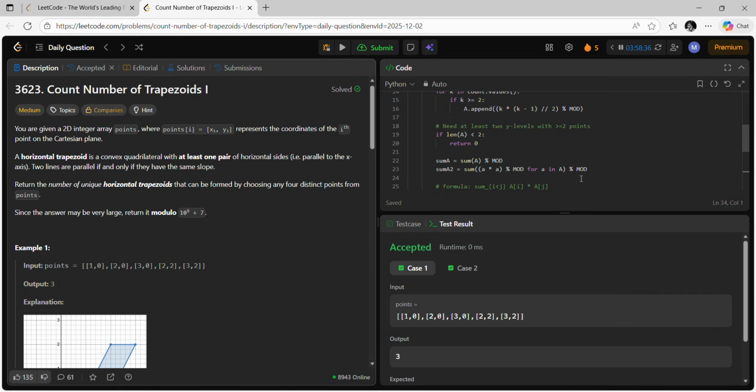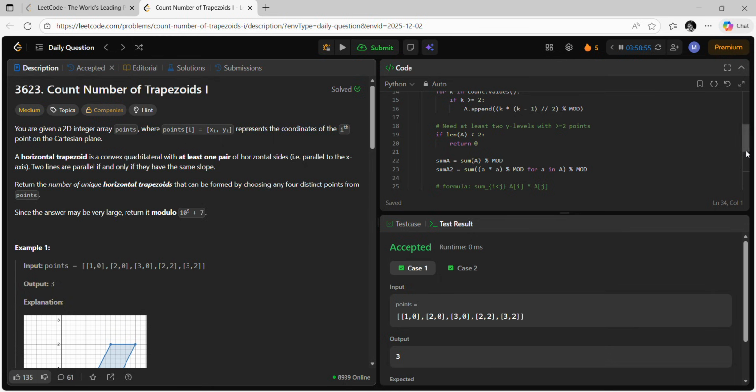Here we compute two things. First, sum_a is the sum of all C(k, 2). Second, sum_a2 is the sum of the square of each. This is needed to compute pairwise multiplication efficiently.